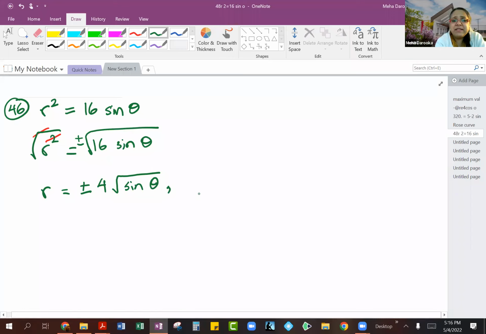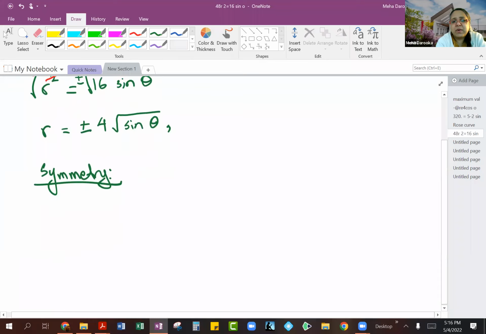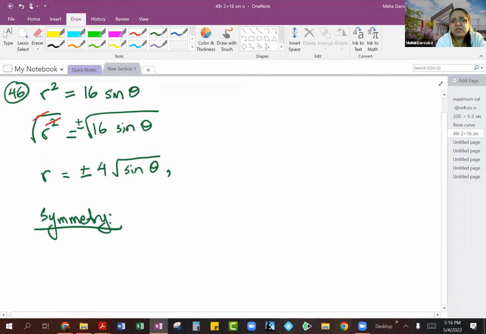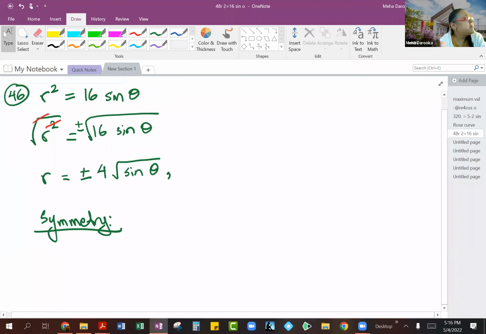So to solve the table, you will definitely need to clean up your equation and get rid of that r square and convert it into r. But as far as finding the symmetry, it's not going to matter if you leave it in the original form or if you take a square root. So what kind of symmetry does this function have? And I'm just realizing that I picked a lot of sine functions and not a lot of cosine functions, but that's okay.